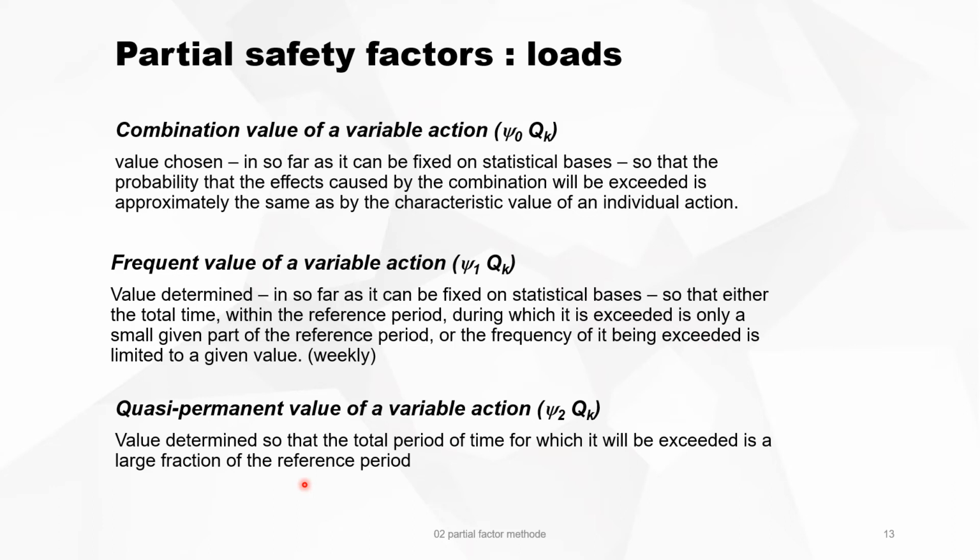Some variable actions sometimes occur, others occur almost every time, almost every day they will be there. So now we treat them differently, and that's why we are talking about a frequent value on a weekly basis. The value is there, let's say, every week. And a quasi-permanent value means it's almost always there. So that's why there are two different values, psi1 and psi2.